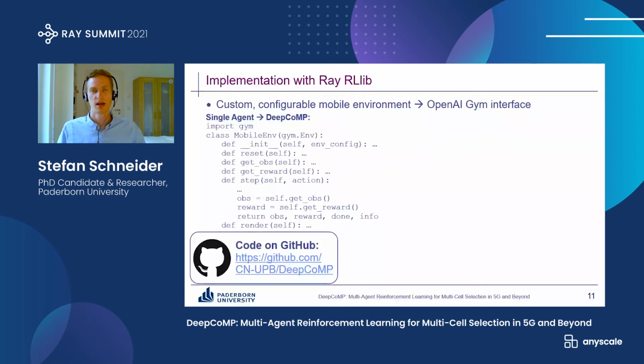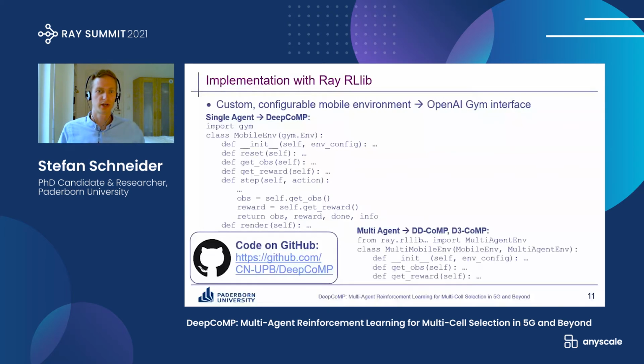Now the question is how to get from this single agent environment to a multi-agent environment. And here Ray RLlib helps a lot. And that's actually the main reason why I switched to Ray RLlib in the first place, because initially I was using a different framework which did not support multi-agent.